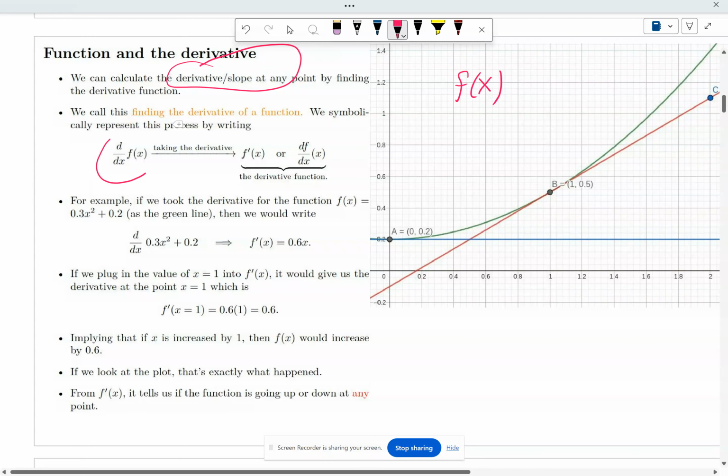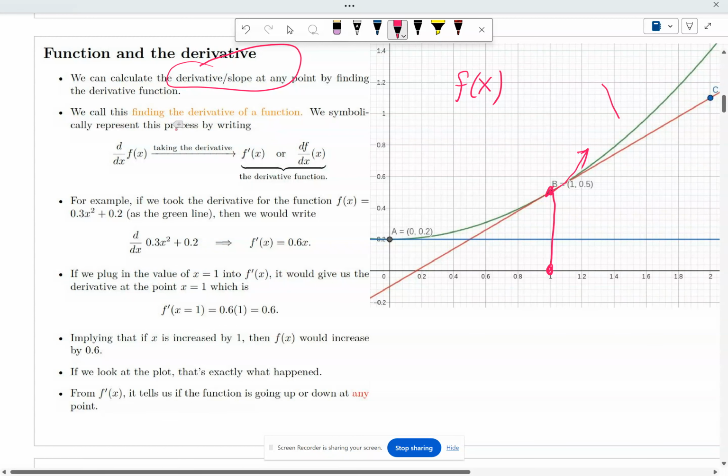That's one way to write it. Another way is to write f prime. This little prime means this is no longer the function f anymore, this is the derivative function. So when we plug x in, it's going to tell us whether at this point x the function is going up or down.